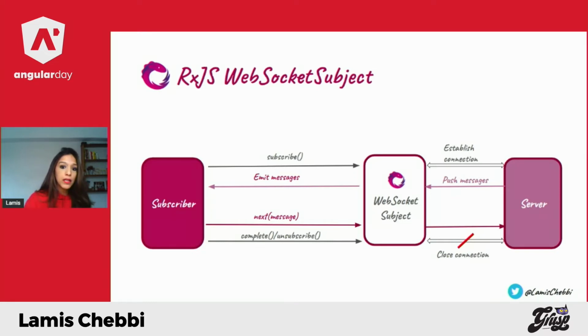The connection will be established after subscription. From this point, you can start to receive updates from your server. This WebSocket subject will emit those messages for you. You will also be able to send messages to the server using the next method, which is available in every RxJS subject. And once you're done, you can just complete or unsubscribe to release this connection.